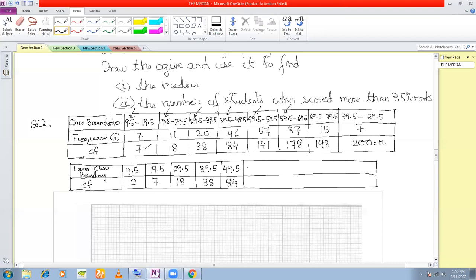Next one is 59.5, and the cumulative frequency is 141. Next lower class boundary is 69.5, and the cumulative frequency is 178. And then you have 79.5, and the cumulative frequency is 193. And the last one you have 89.5, and this you have 200.